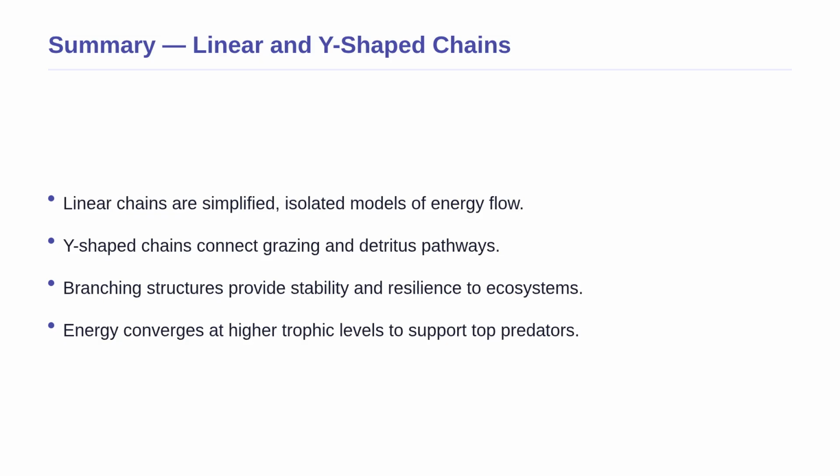By splitting energy into grazing and detritus pathways and merging them at higher levels, ecosystems create a robust, fail-safe network. This branching structure guarantees that whether a plant is eaten alive or decomposes after death, its energy continues to fuel the magnificent web of life. You now have a solid understanding of how energy truly flows through our natural world.